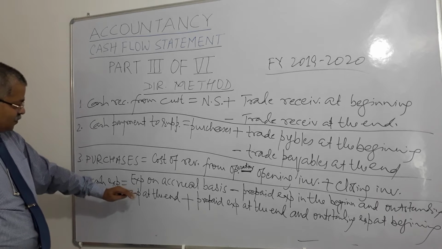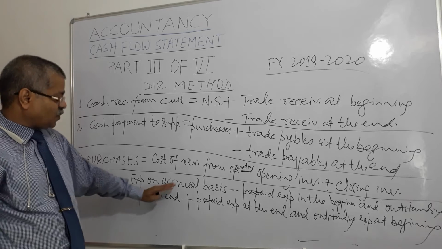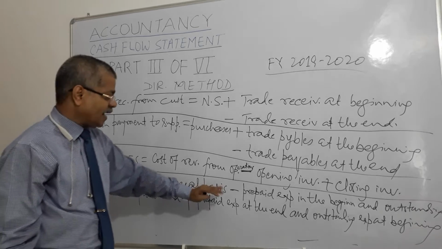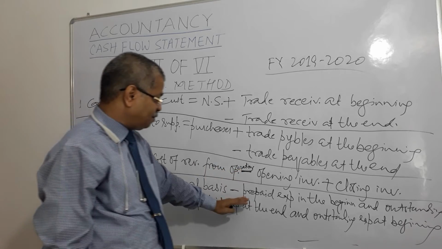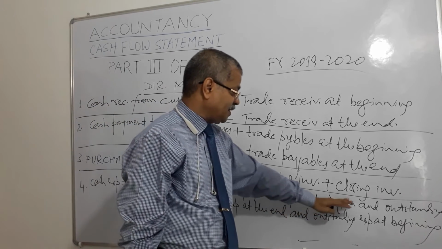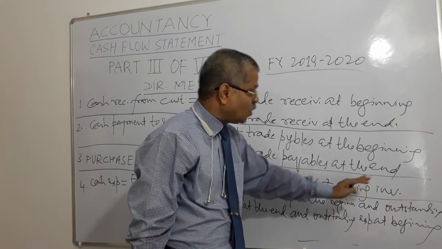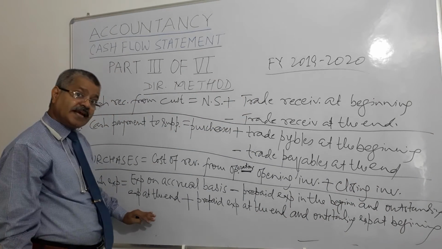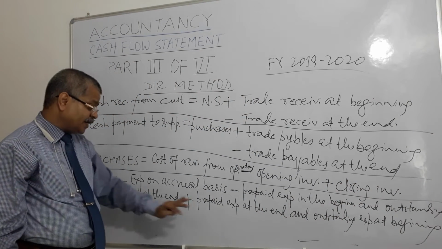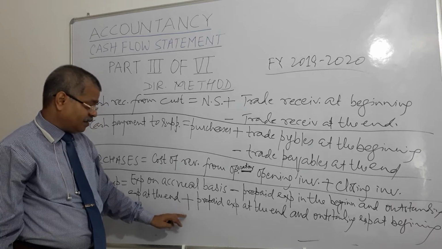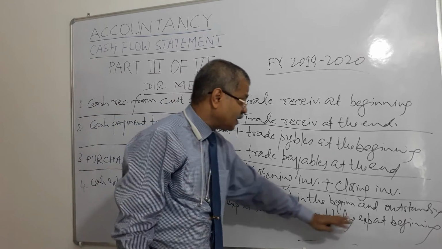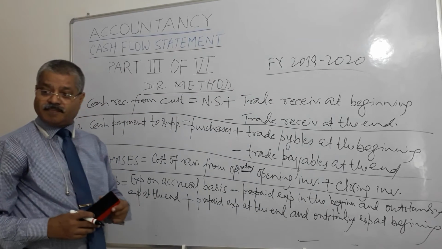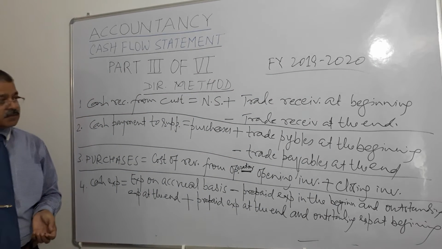Cash expenses is equal to expenses on accrual basis, minus two things: prepaid expenses in the beginning and outstanding expenses at the end, and plus two things: prepaid expenses at the end and outstanding expenses at the beginning, right?